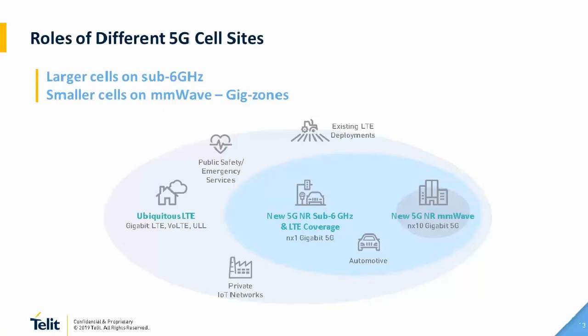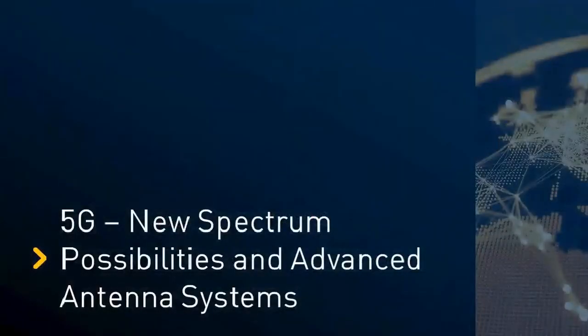So this is basically how the 5G is envisioned to be deployed in terms of millimeter wave versus sub-6 and fallback to LTE. So this was the overall look at the specification area.